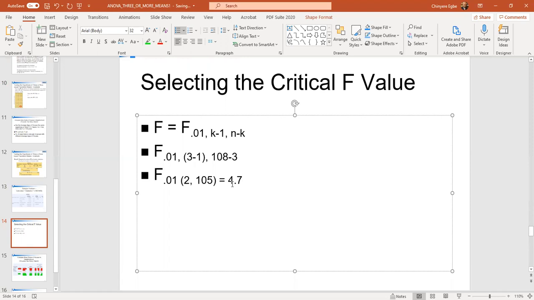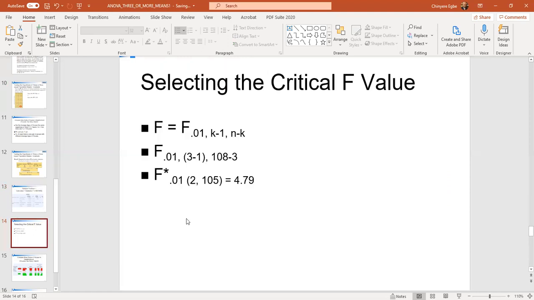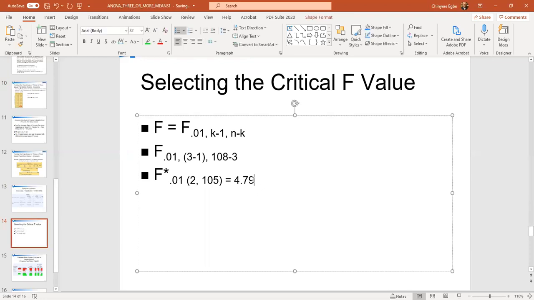We said we selected 4.79, so our critical F value will be 4.79. When we looked at the SPSS table, we find that the calculated F is 7.49.